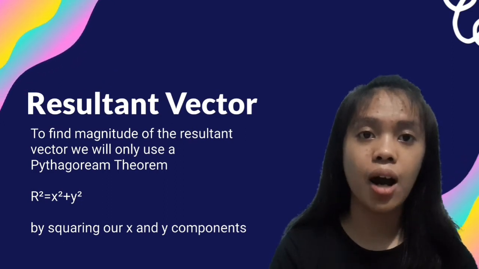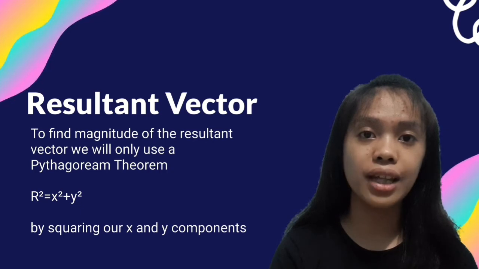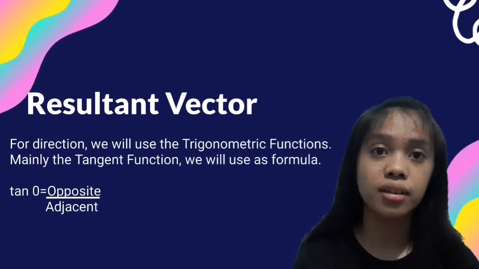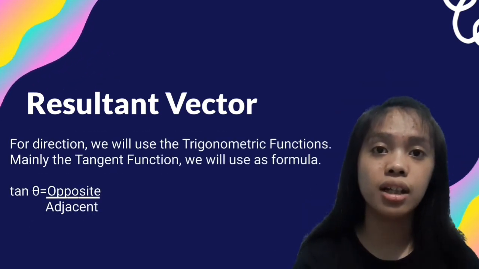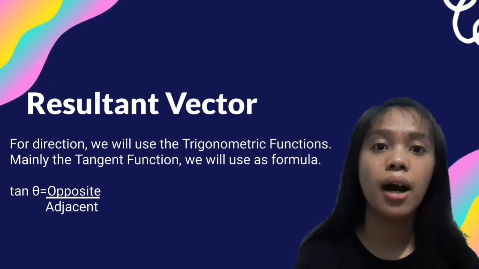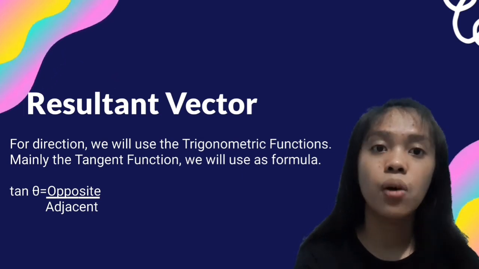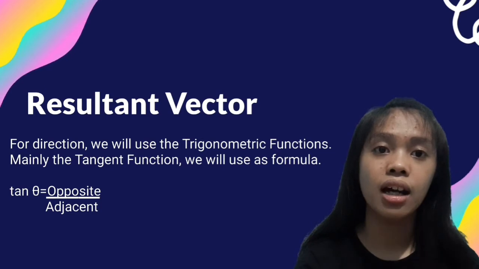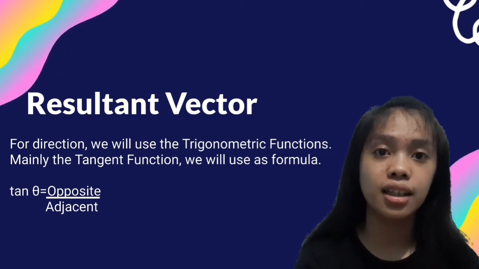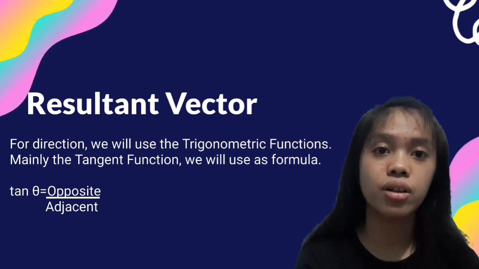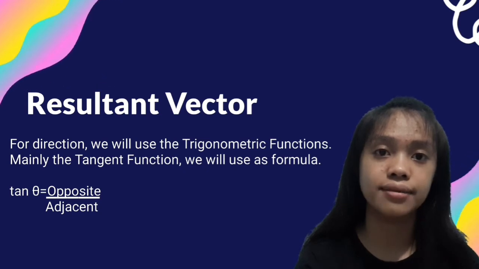By squaring our x and y components, we also find direction. We will use the trigonometric functions, mainly the tangent function. We will use as formula tangent theta is equal to opposite over adjacent sides.